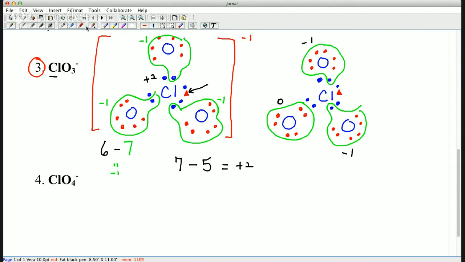But this chlorine now has just lost 1. So this chlorine, if you think with me now, has 1, 2, 3, 4, 5, 6, and starts with 7. 7 minus 6 is now +1.